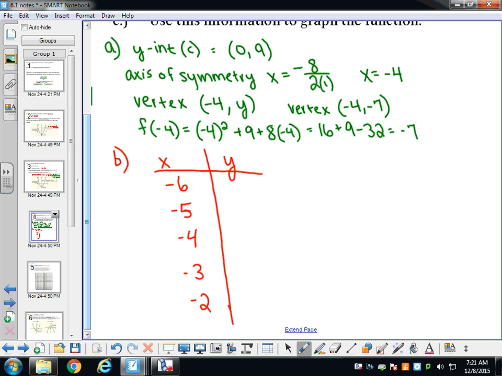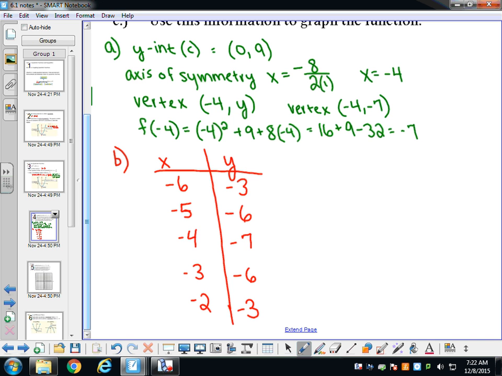Now take a minute and plug each of those values into your original equation. What we should get back out is negative 3 when I plug in a negative 6. Negative 6, I already know this is negative 7, negative 6, and negative 3. If you did not get one of those values, go back and check your math for that specific x value.